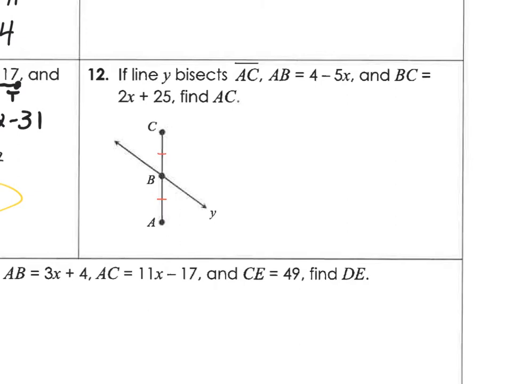AB is 4 minus 5x, and BC is 2x plus 25. So based on what they've told us, how would we set this up? They'd be next to each other, right? Because they're equal.